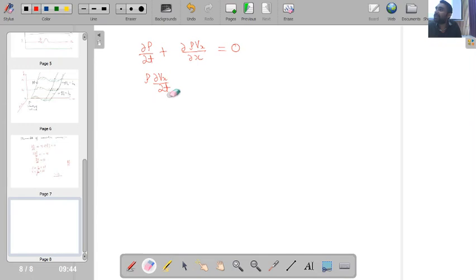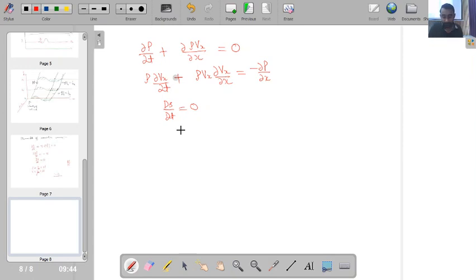Rho Vx into del Vx by del x, and that will be equal to minus del P by del x. Okay, this is my momentum equation, and the entropy equation I am just writing like this, ds by dt equal to 0. So I can expand it in the 1D case as well.